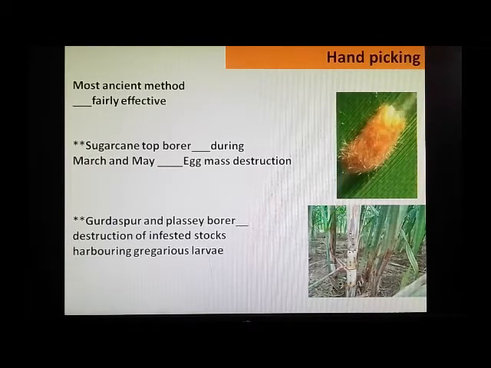Collection and destruction of egg masses of top borer in the first and second brood during March and May in ratoon and autumn planted sugarcane crops, if done over compact block, that can reduce the top borer damage in endemic pockets.